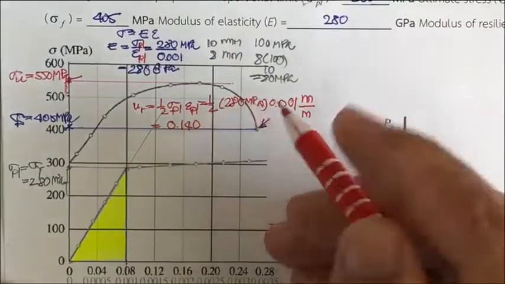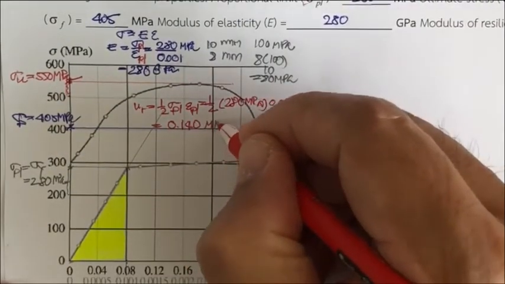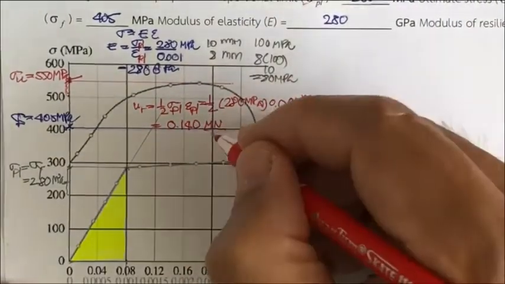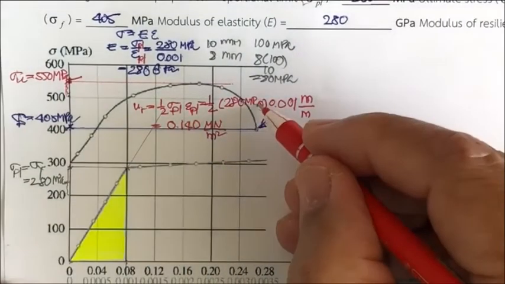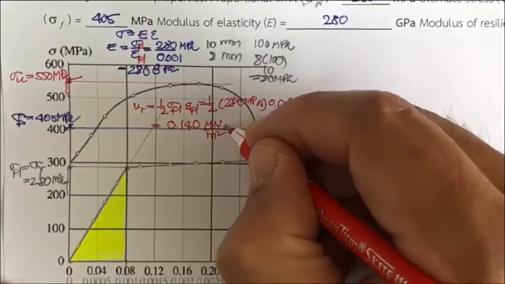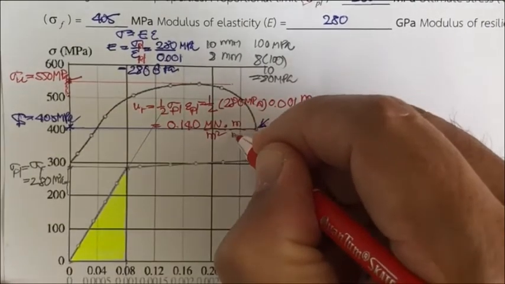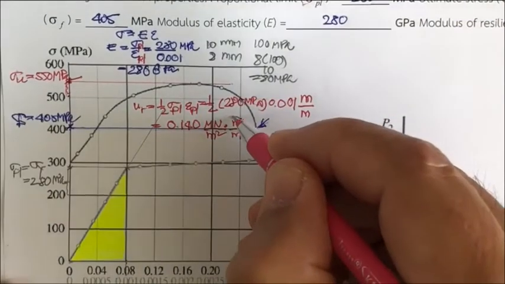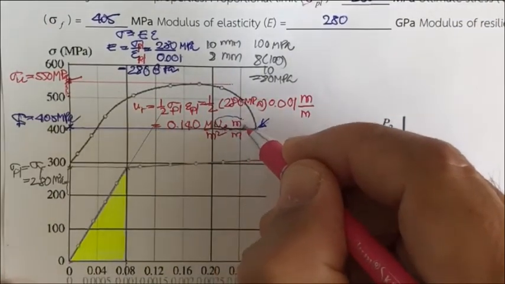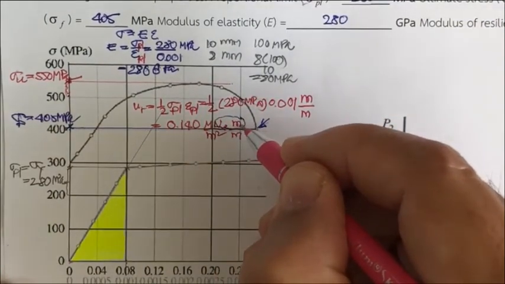And this is mega Newton per square meter, that is megapascal, times meter per meter. You may notice that the unit of force times the length is the joule.